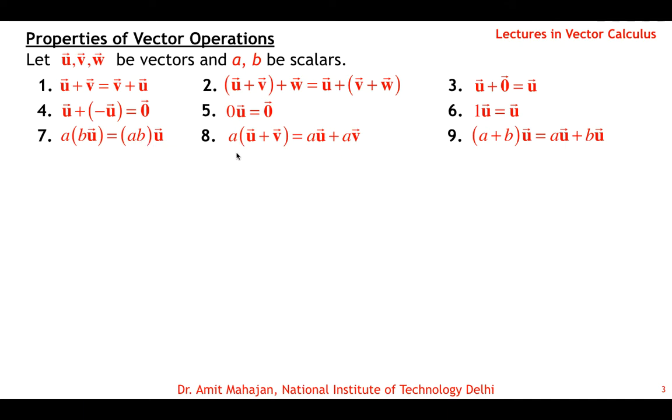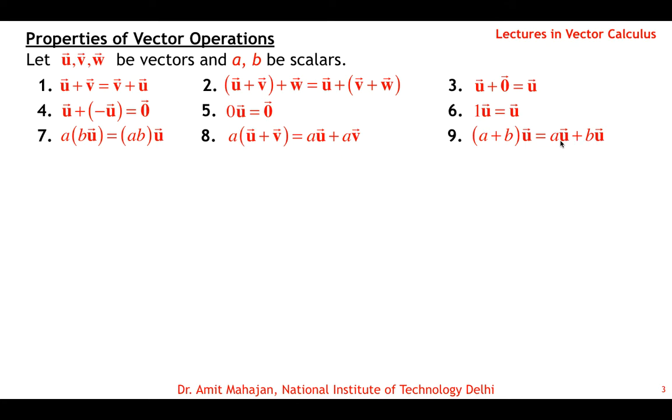a times (u plus v) is a times u vector plus a times v vector. So if we add two vectors and scale the sum, or scale the vectors first with the same constant and then add them, it gives the same result. And (a plus b) times u vector is a u vector plus b u vector.